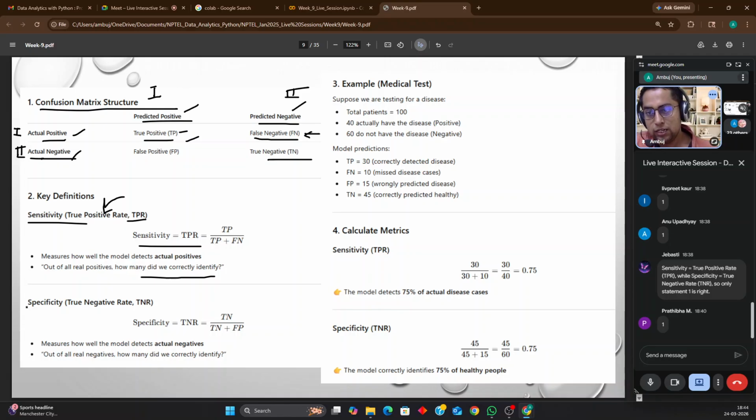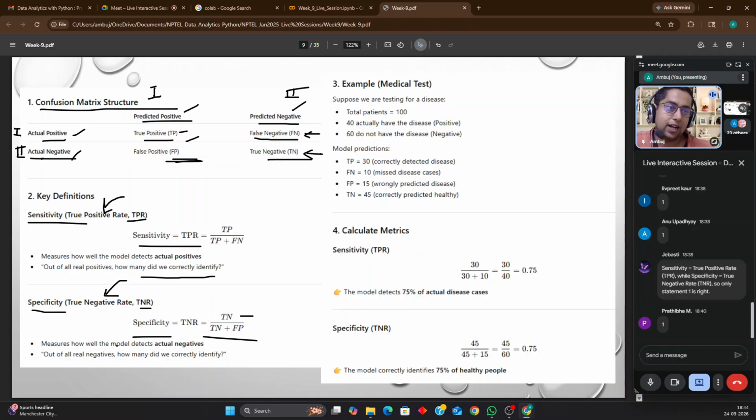Now try to see the term specificity. Specificity will be your true negative rate, TNR. It will be true negative divided by true negative plus false positive. True negative is this particular term. This will give you specificity.